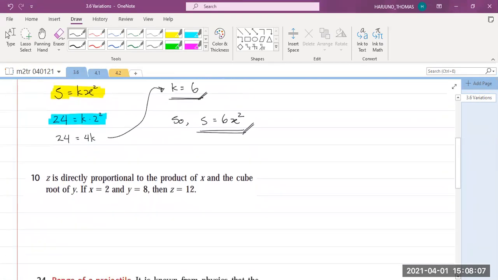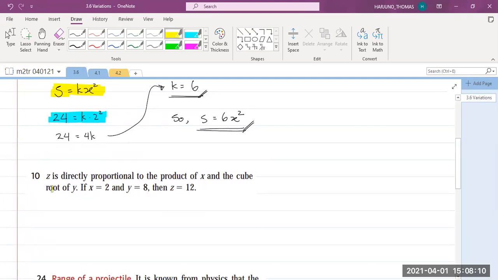Number 10, now it gets a bit more complicated. There are 2 sentences here. Z is directly proportional to the product of X and the cube root of Y. So Z is equal to a constant multiple of the product of X and the cube root of Y. Or we can simply say Z equals K times X times the cube root of Y. Now that's from the first sentence.